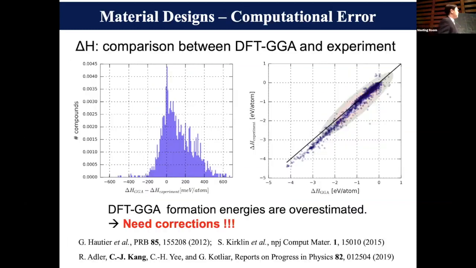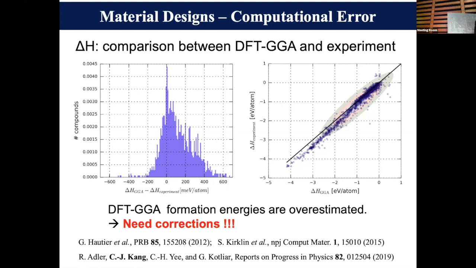These figures show the computational error in the DFT GGA formation energy. In the left-hand side figure, the x-axis shows the energy difference between the GGA and experimental formation energy, that is the computational error, and the y-axis shows the number of compounds. As you can see, for most compounds, DFT shows significant error. This error is clearly shown in the right-hand side figure.